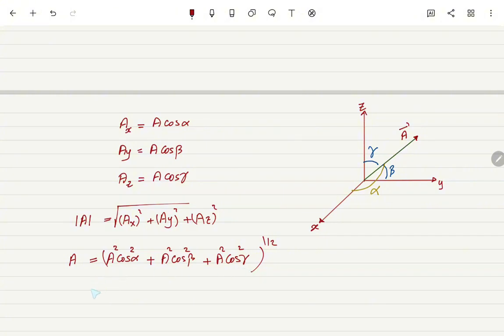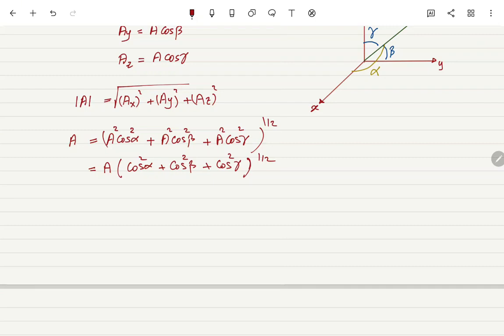We can just take A out of this, so A times cosine squared alpha plus cosine squared beta plus cosine squared gamma, all to the power half. And from this, we can conclude that cosine squared alpha plus cosine squared beta plus cosine squared gamma all equal 1.